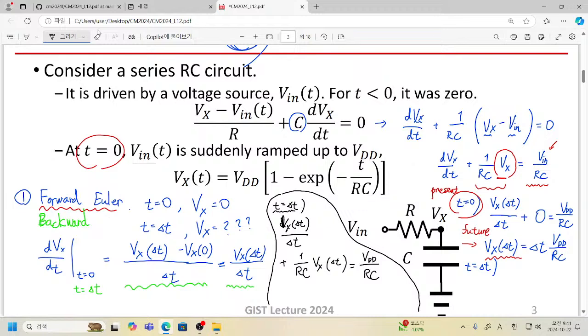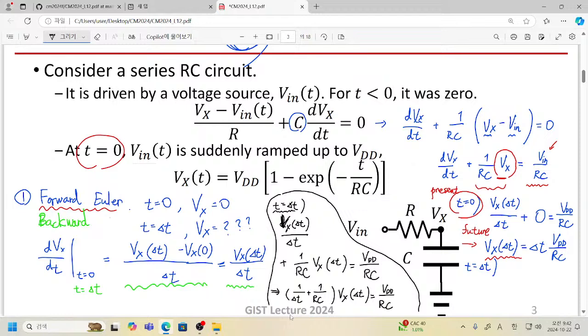Then now what we can get is from this one. Now here we have Vx at delta t, and at the same time we have another dependency on Vx at delta t. So simply speaking, we have 1 over delta t plus 1 over RC, and they can be added together as a coefficient of this quantity, and that is given by VDD over RC.